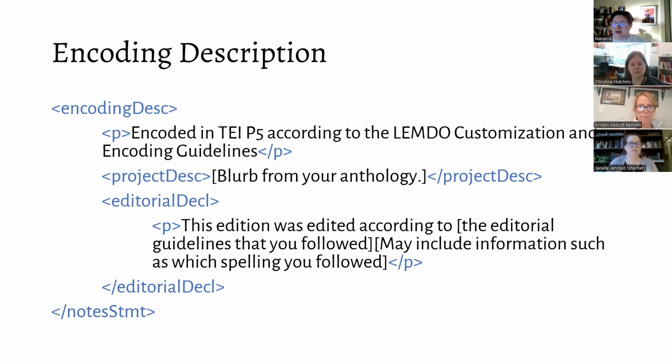So this edition was edited according to the DRE editorial guidelines, ISE editorial guidelines, whatever it is. It may include additional information such as if you followed Canadian or US American spelling. But again, your anthology will give you the format that you need to follow.